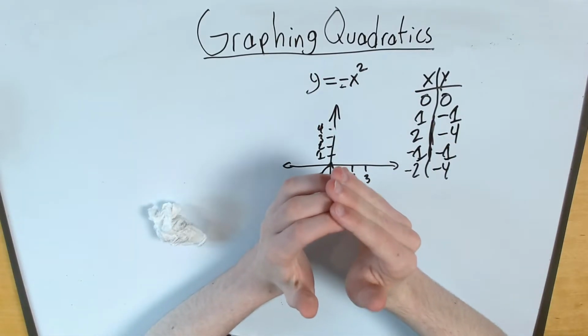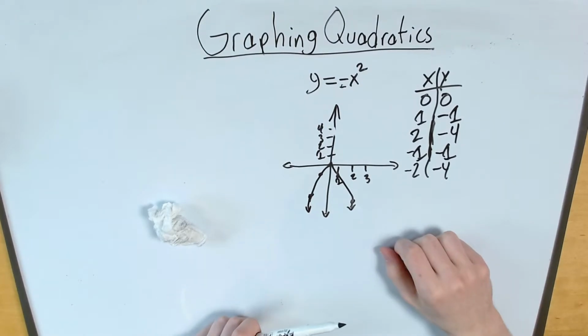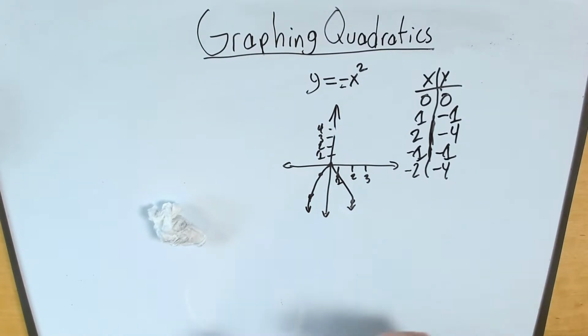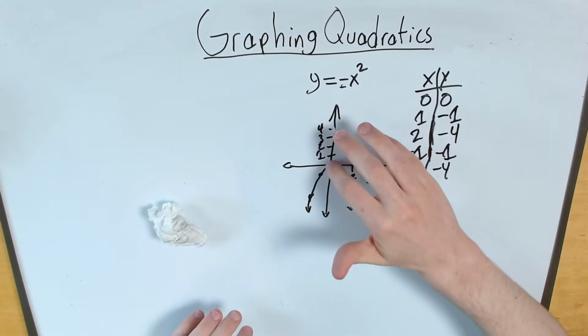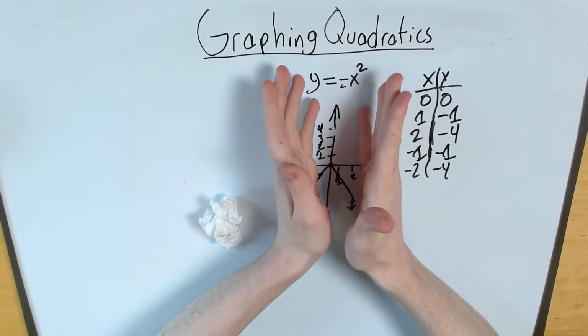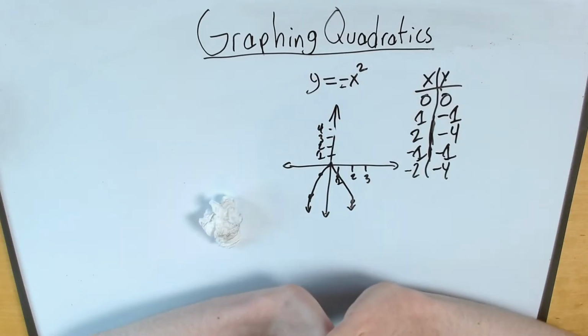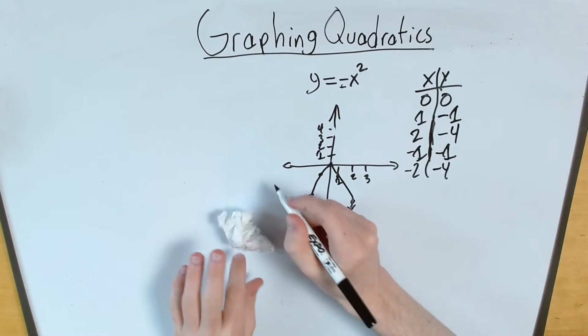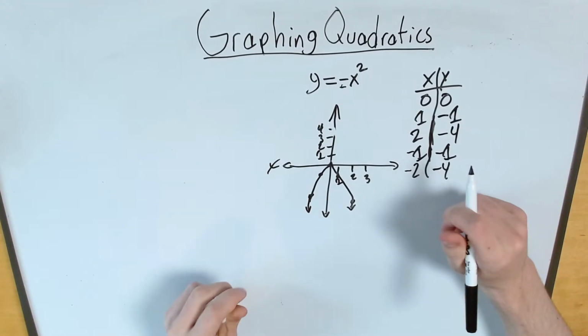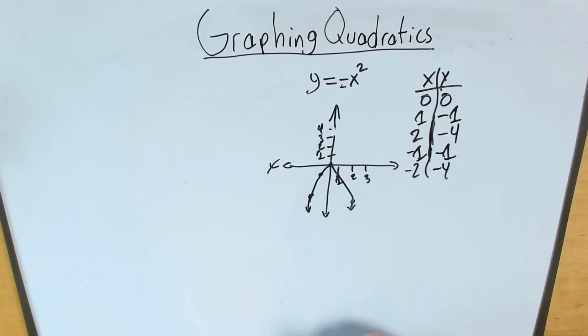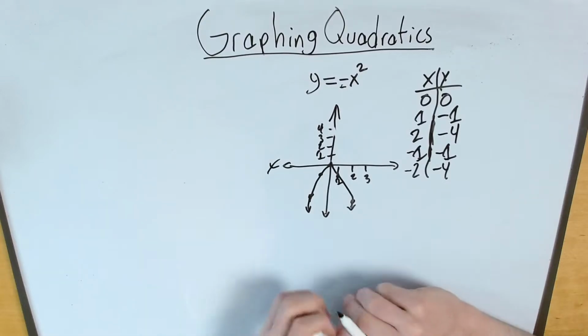It's something like this. This is still a parabola. It's just that the position of it has changed. We've taken it how it originally was, and then flipped it over the x-axis. A more formal term would be saying we've reflected it over the x-axis to get this.